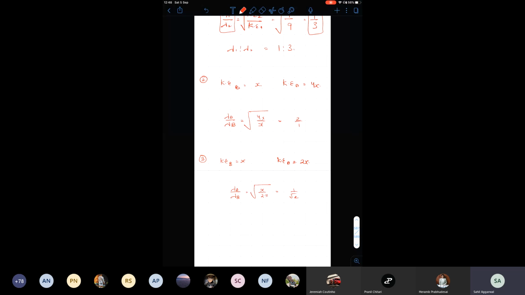It's visible. So in the second one, it should be root of x upon 4x, right? B is x and A is 4x. Yes, it should be 1:2.